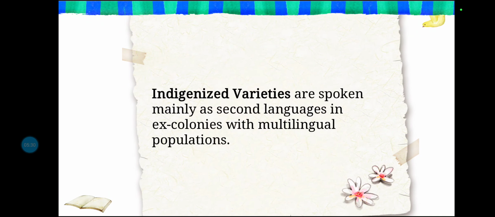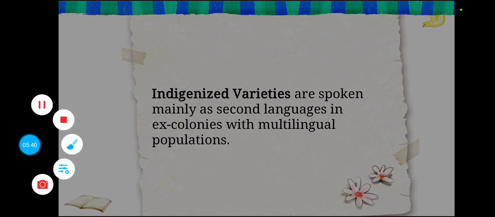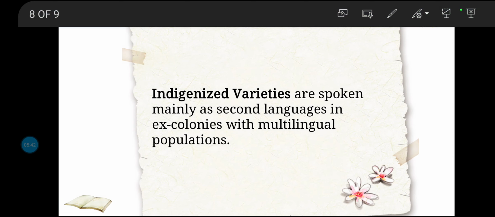And then we have indigenous varieties. These are spoken mainly as second languages in ex-colonies with multilingual populations. So the differences from the standard variety may be linked to English proficiency, or may be part of a range of varieties used to express identity.